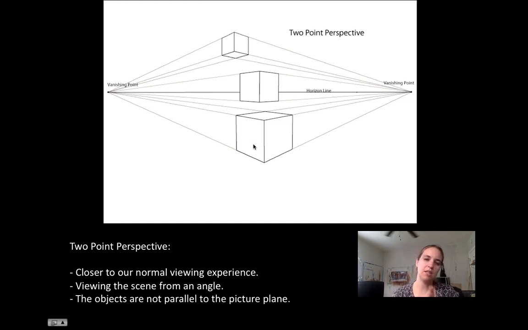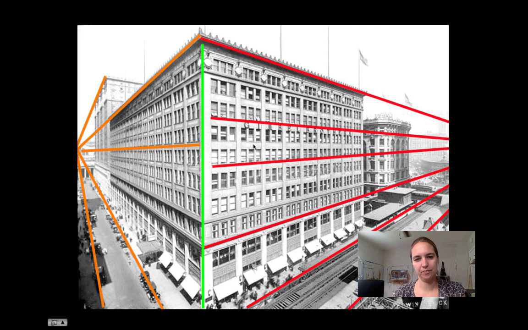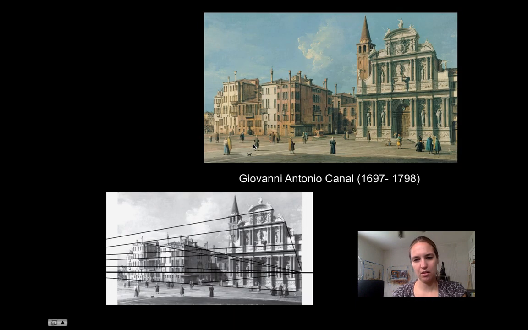So it's showing depth when you're looking at something geometric from the corner rather than from the front. Here's an example of that, and here's an example of a painting that uses 2-point perspective.